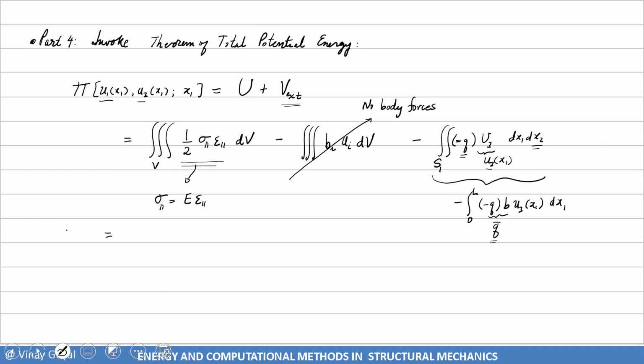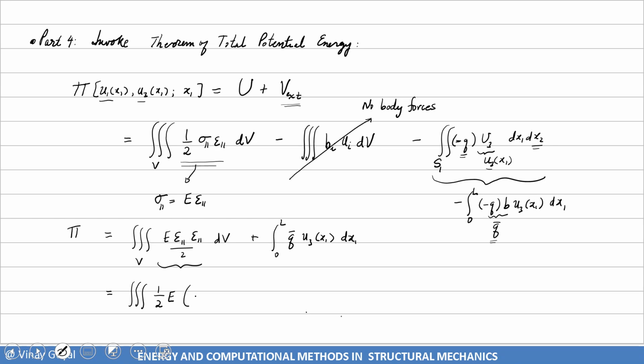So then I have Pi is equal to the triple integral over the volume of E epsilon 11 times epsilon 11 divided by 2 dV, minus, plus now, because this minus sign and that minus sign gives me plus. So that's plus the integral from 0 to L of Q bar U3(x1) dx1. So I want to continue to further expand this, and keep pushing it. So triple integral 1/2 E, and now I know what epsilon 11 is.